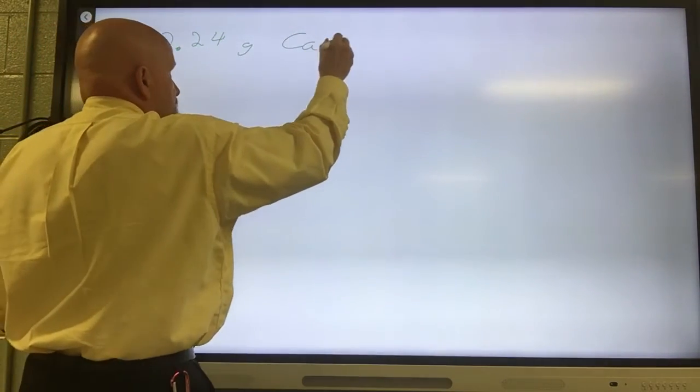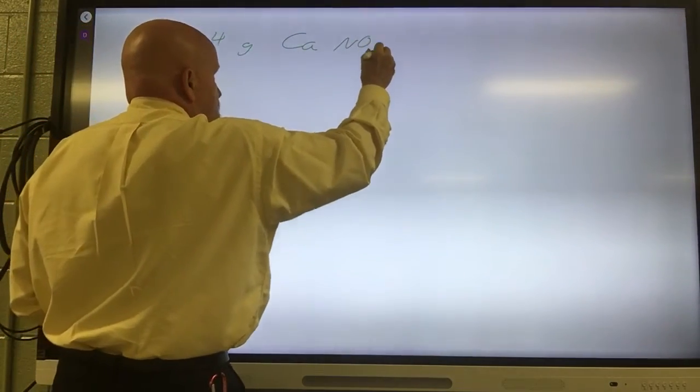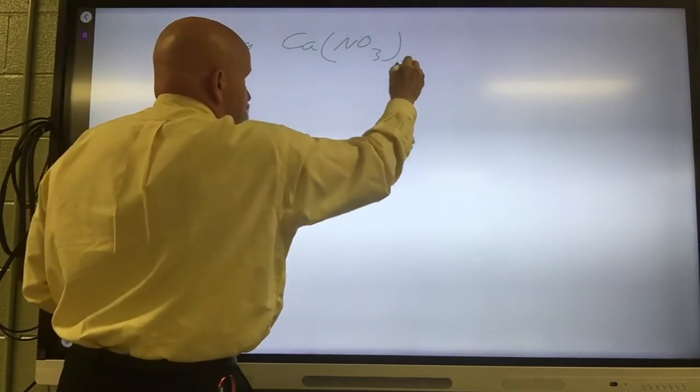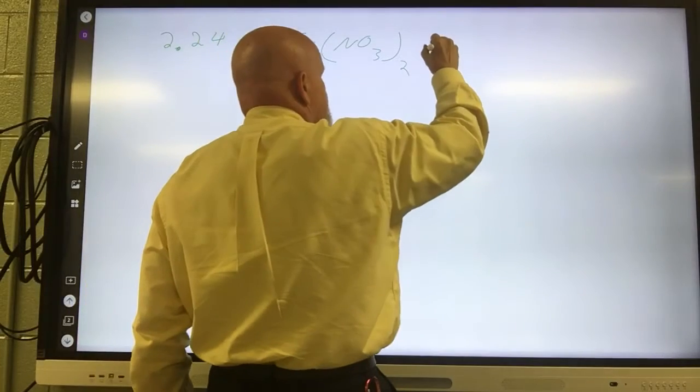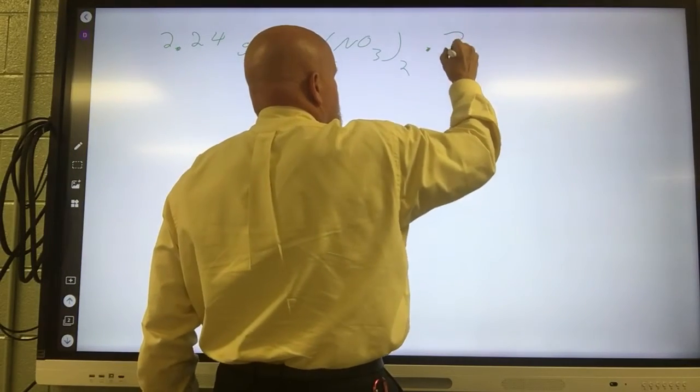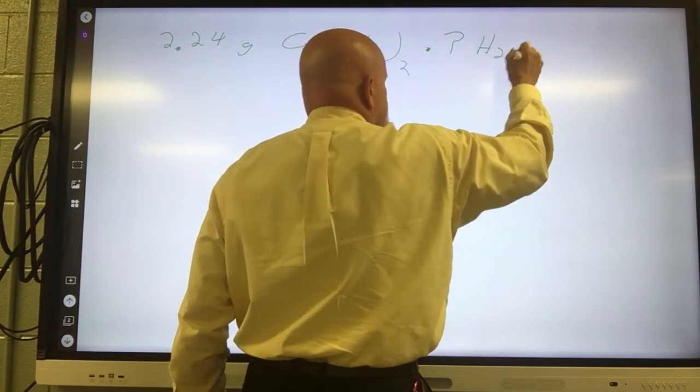All right, so let's write those numbers down. So we've got 2.24 grams calcium nitrate. This is kind of why we have to know our formulas. Dot something or other H2O.